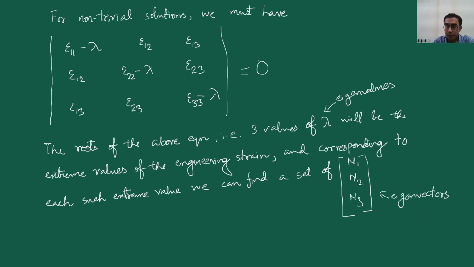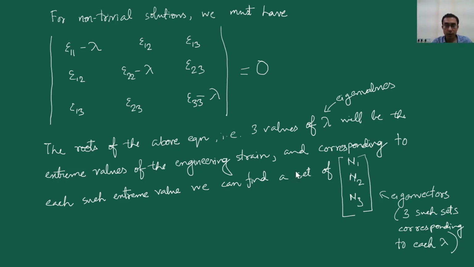You will obtain 3 such sets corresponding to each lambda value. So I repeat that each of these lambdas are the eigenvalues and each such set of n1, n2 and n3 is the eigenvector.